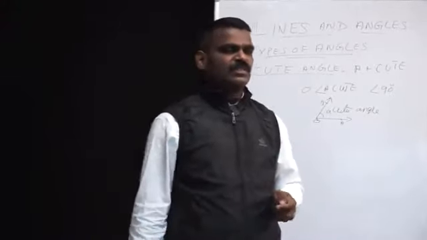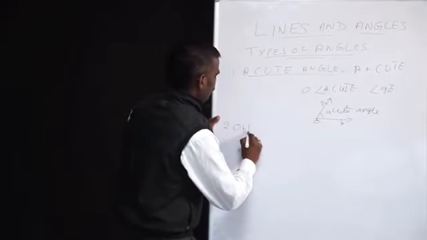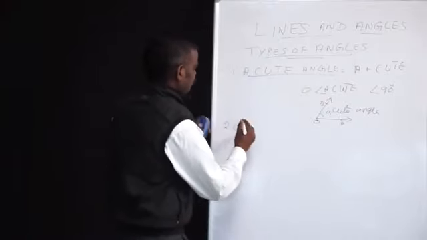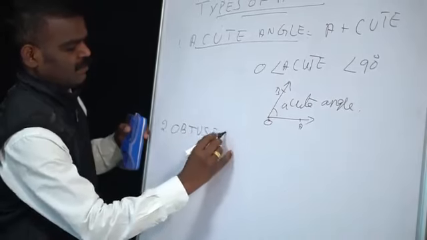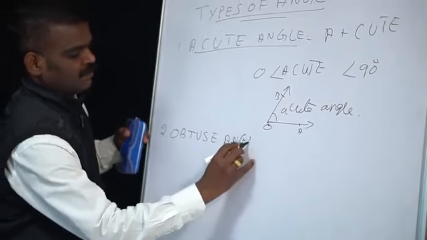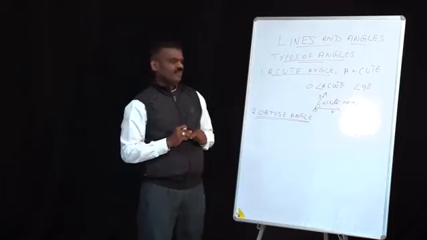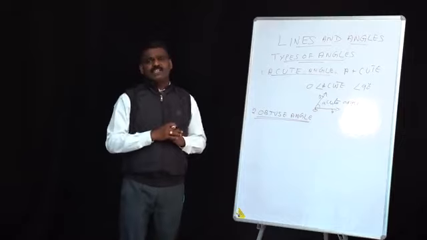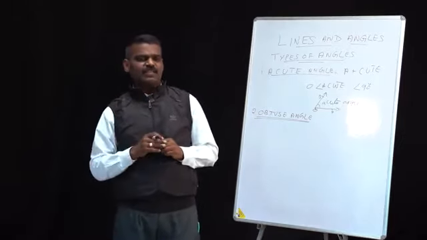Now comes obtuse angle. Obtuse angles. The angles which are greater than 90 degree but less than 180 degree.